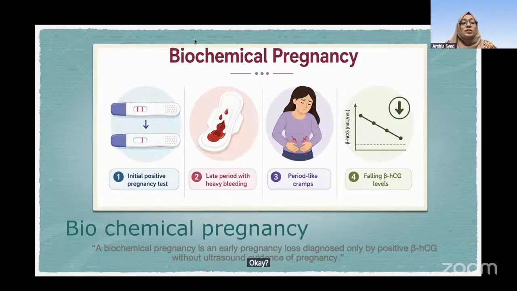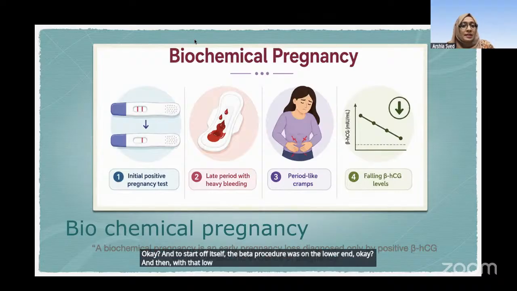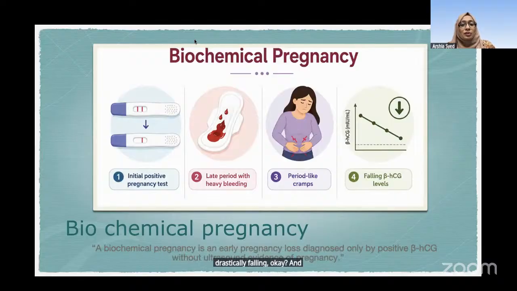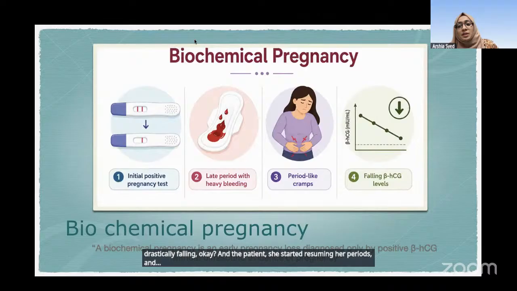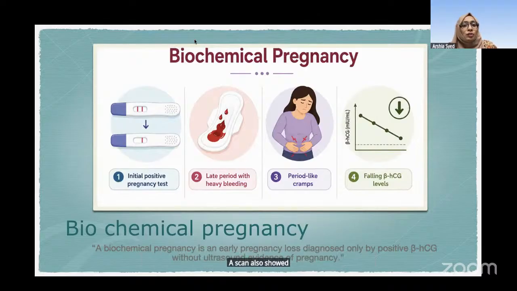To start off, the beta HCG was on the lower end, and with that low level of beta HCG itself, the pregnancy test became faintly positive. After that, the repeat beta HCG started drastically falling, and the patient started resuming her periods, and a scan also showed no evidence of pregnancy.